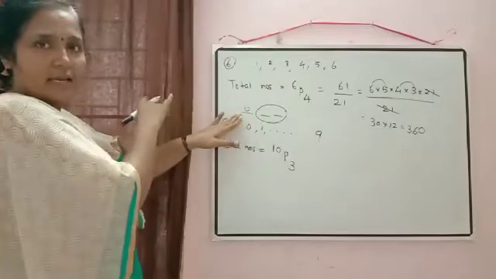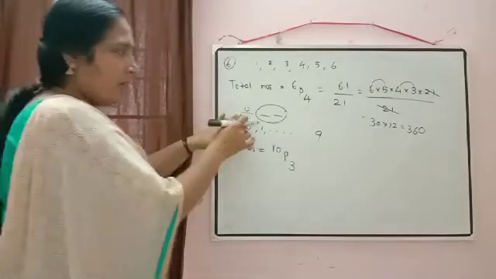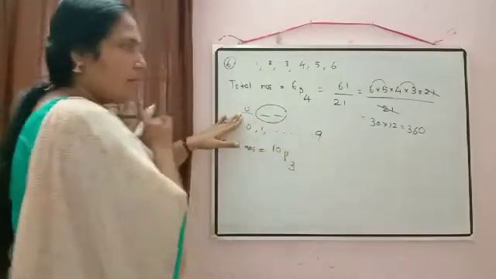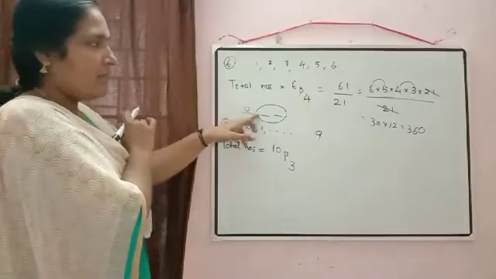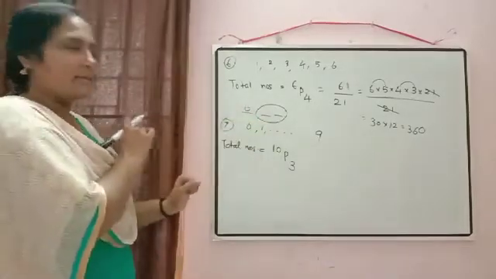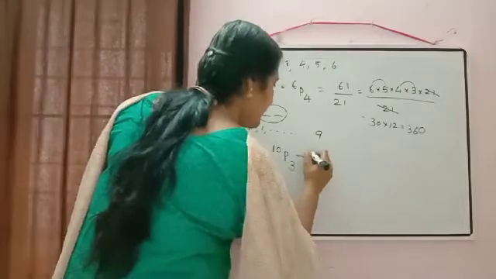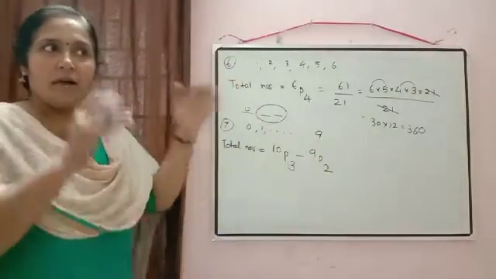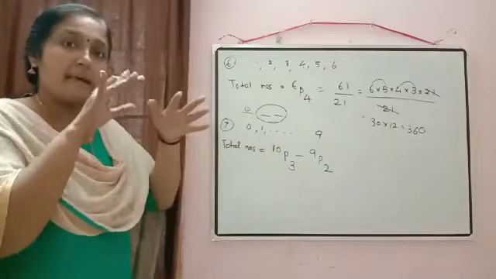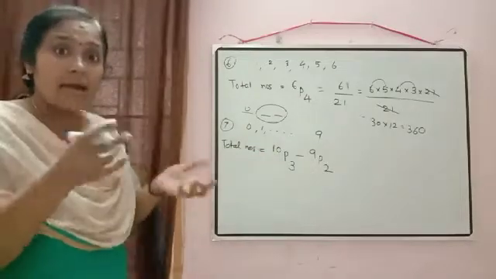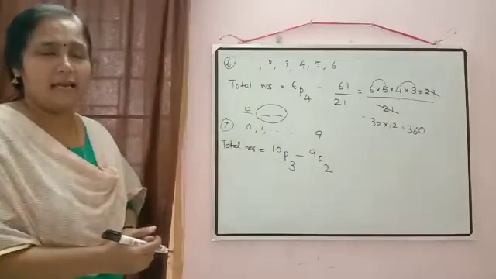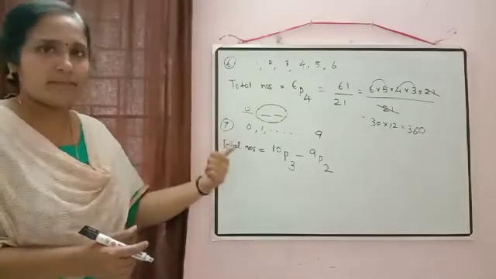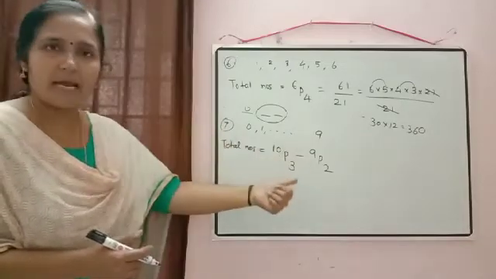That 0 already there in hundreds place. Now we have the numbers from 1 to 9 and we are filling only 2 places. So it will be equal to minus 9p2. 9p2 means out of this number we subtracted that number where 0 is there in the hundreds place. Clear why we did this subtraction?